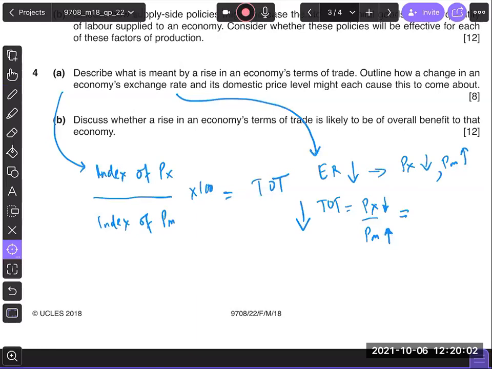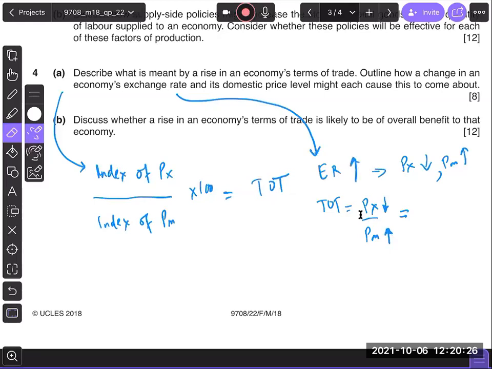They are saying change in economy's exchange rate, so that's why I took exchange rate going down. Right, guys? Do you agree? Oh, you want to show a rise in terms of trade? Sorry, a rise in terms of trade. You're right. For that, I need to do the opposite. So exchange rate goes up.